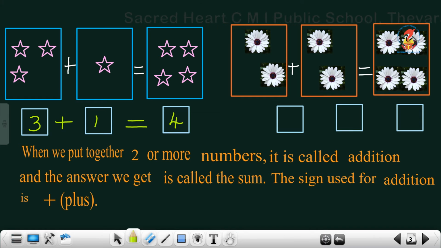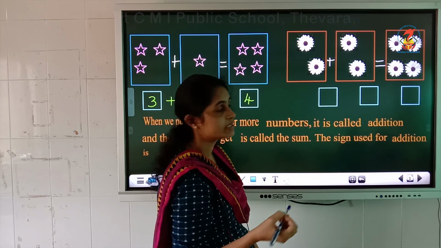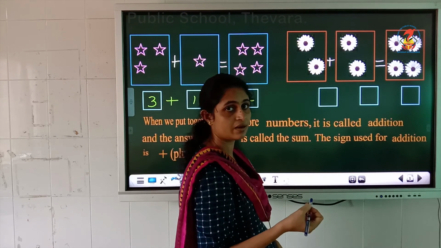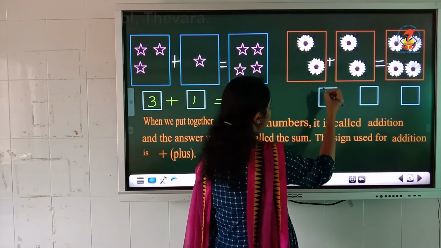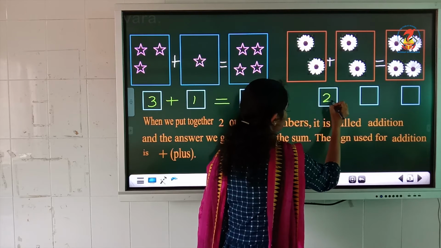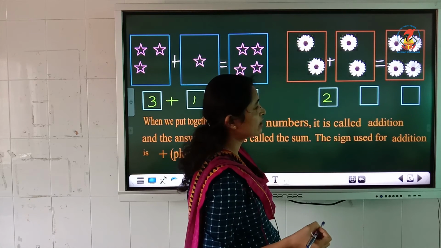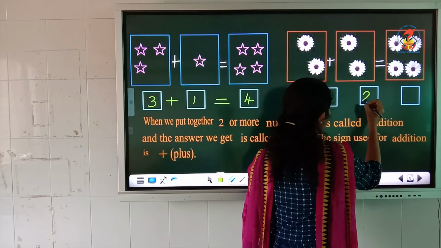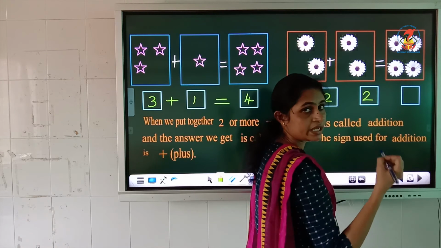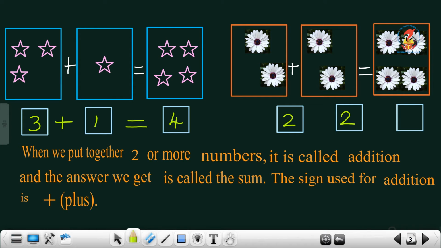Now, we can check one more example. Please count the number of flowers in the first box. How many flowers are there in the first box, children? 1, 2. In the second box, how many flowers are there? 1, 2. And here we are going to take 2 and 2 together. That means we are going to add 2 and 2.